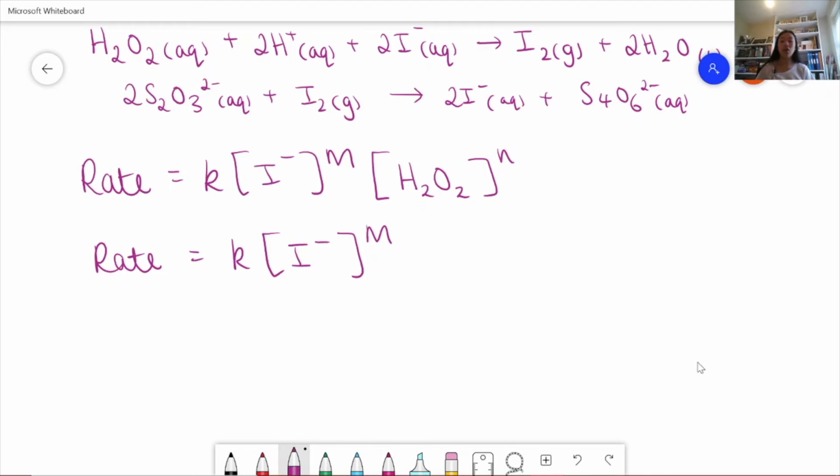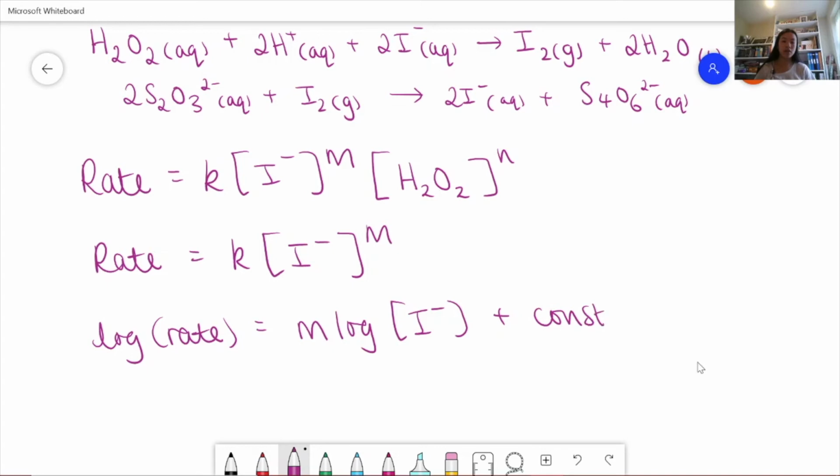Or we can take logs, and this will make graphing it a bit easier. So we could have the log of the rate is equal to m times the log of this concentration of I minus plus a constant. So now we can plot a graph of this.